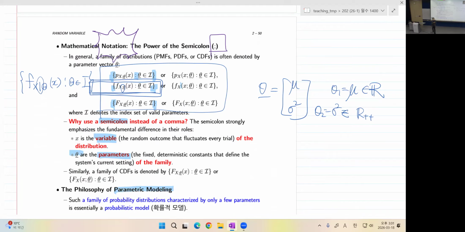Or we have found that theta has no probability distribution. In that case, hastily using a conditioning bar may be very dangerous because you can never find the distribution function of this random vector theta. In that case, you must use this expression using a semicolon. Got it? So be careful.